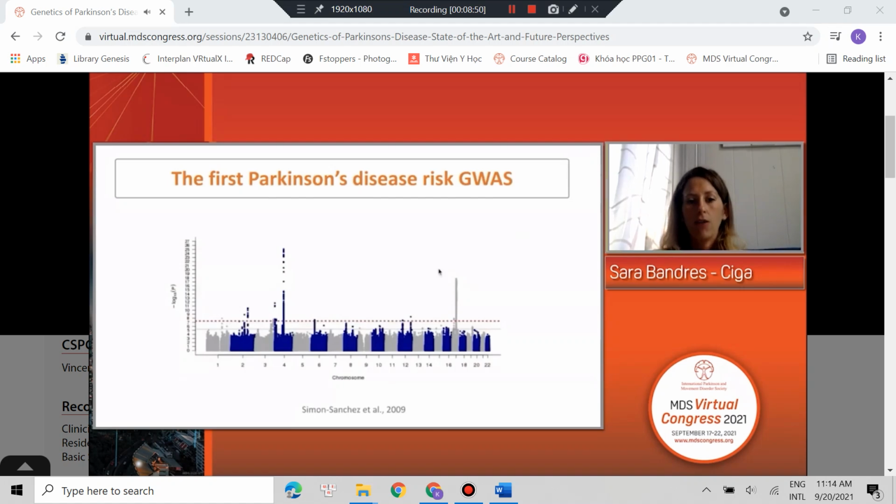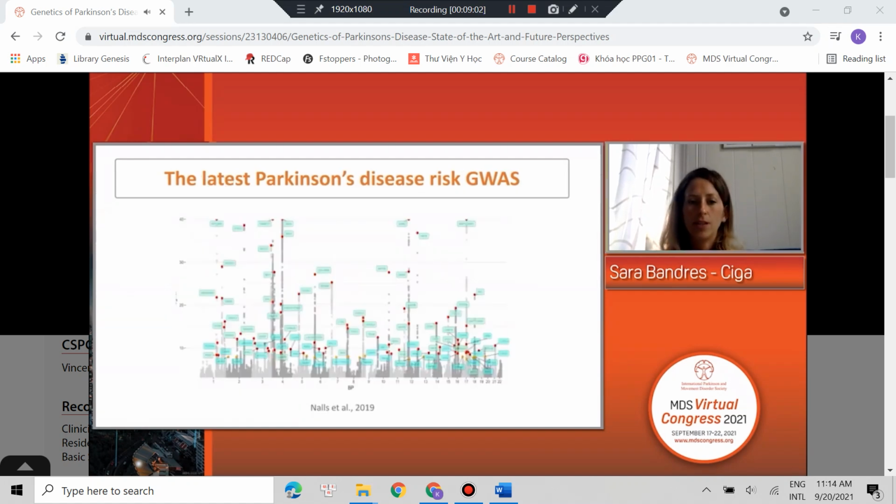So for you to have an idea, this is the first Manhattan plot, representative of the first genome-wide association study. And it's beautiful, but it's quite empty. And this one that we see here is the last Manhattan plot, 10 years later. And we see that it's really, really crowded.